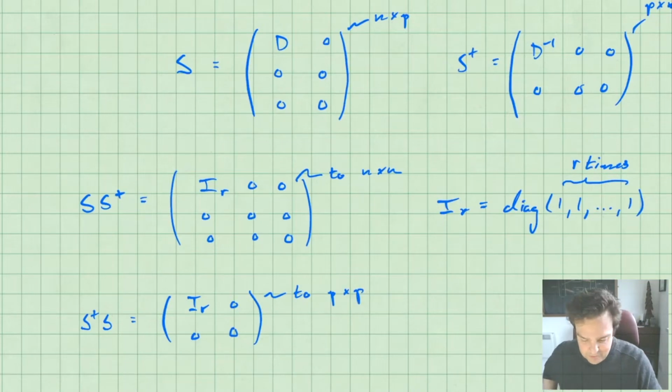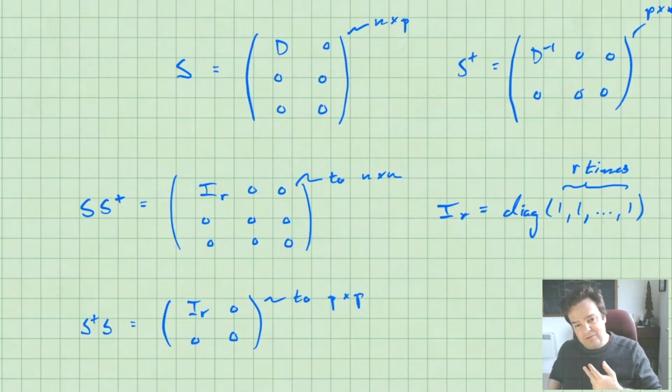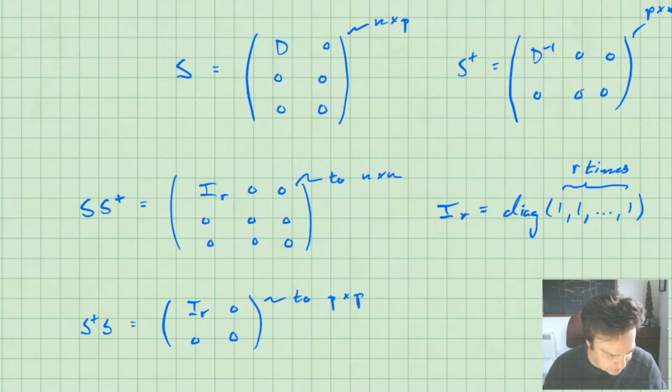In this sense, S plus is sort of like a pseudo-inverse of S. It's not an inverse in the usual way, because if you multiply it on one side, you get a different matrix than if you multiply it on the other, and neither one is an identity matrix. The identity matrices are always square. So neither one of these is a square identity matrix, but they're sort of filled to make the right dimensions. I hope that's kind of clear.